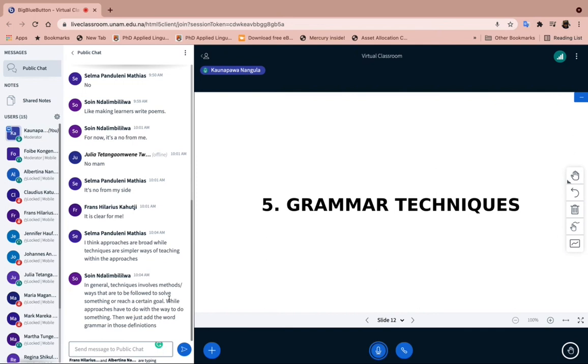The answer that is closest now to the correct way of defining this will be Selma's, whereby, yes, approach is more of a broader way to look at grammar teaching.